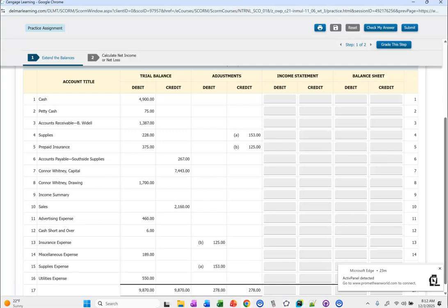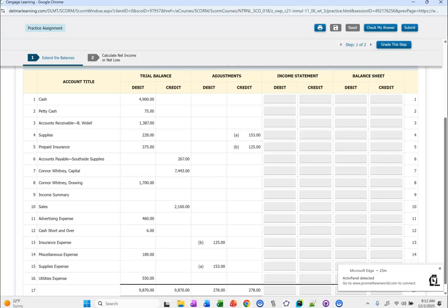So what should go there? So we're going to fill in the income statement column first.